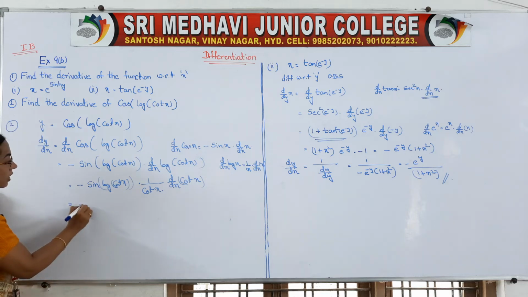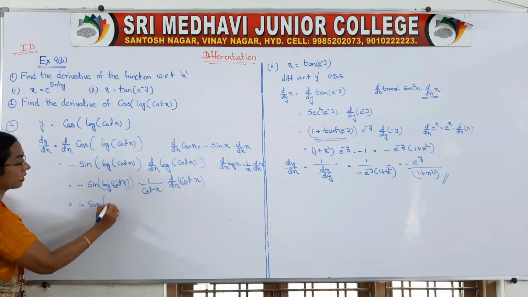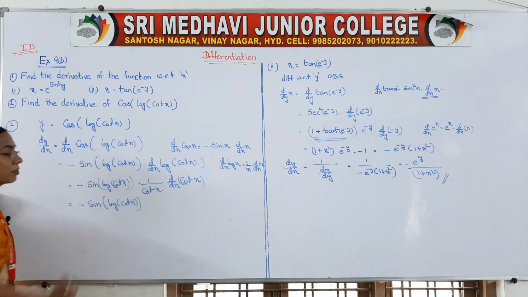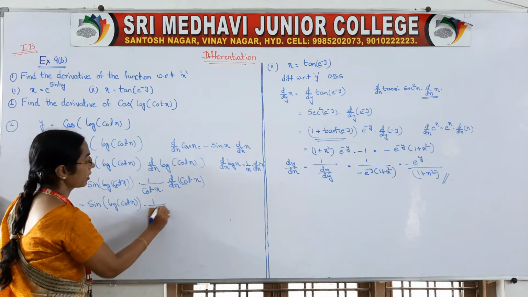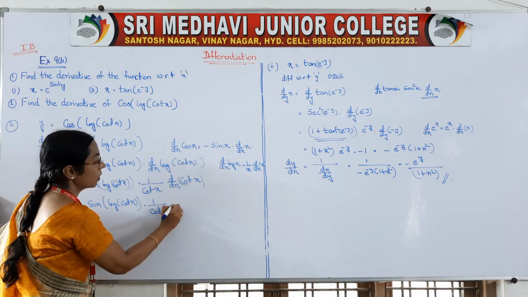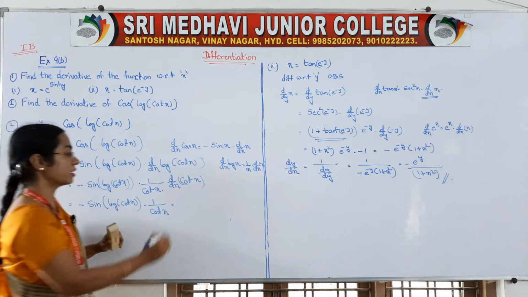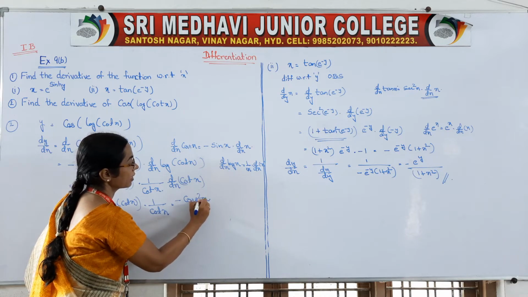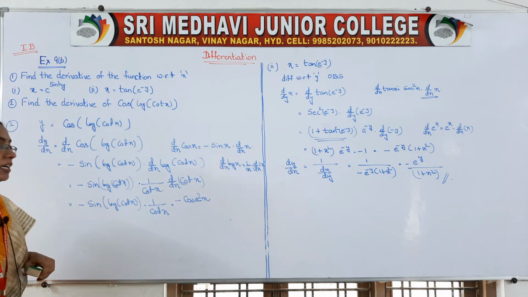So is equal to minus sine of log of cot x into 1 by cot x into d by dx of cot x, which is minus cosec square x, right, minus cosec square x.